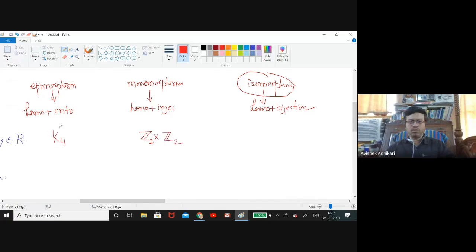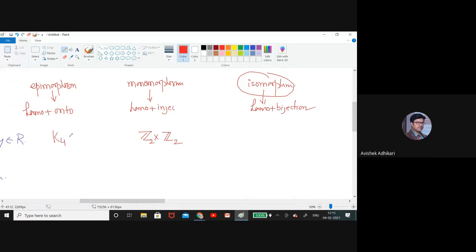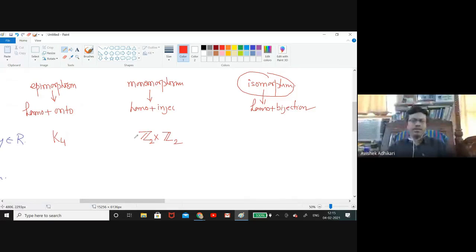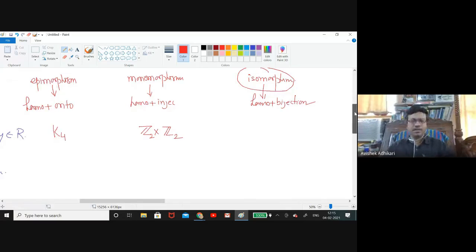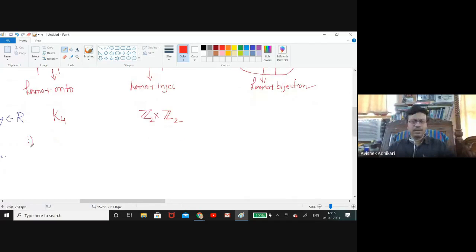Both of them are finite, both are commutative. Can you tell me what algebraic properties you find similar? First of all, both of them are groups. What other similar algebraic properties do you think?